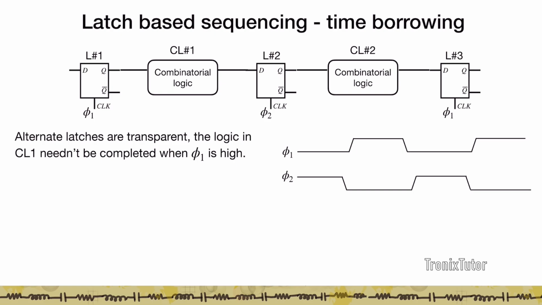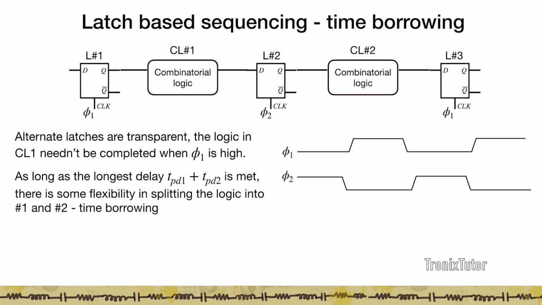Because phi2 is opening the latch later, it's not necessary that the logic in CL1 needs to be completed while phi1 is high. As long as we know that the maximum path from logic 1 and logic 2 is met, we will be safe in the sequencing strategy here. So there is a flexibility in the way we split the logic.